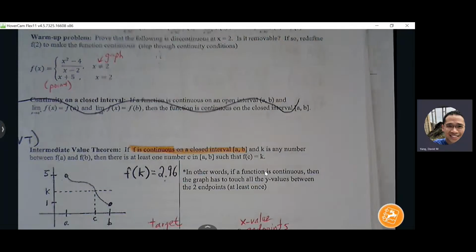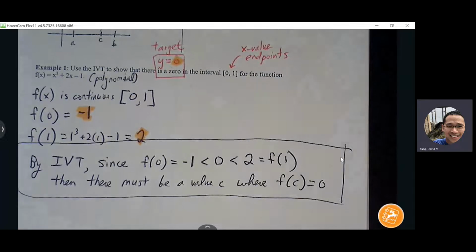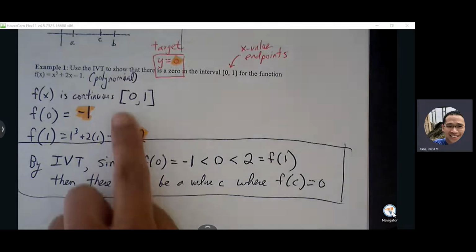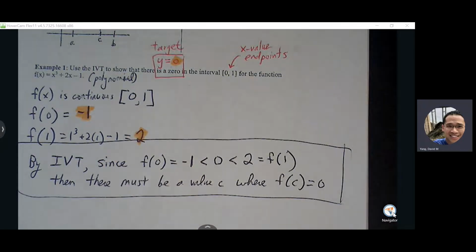Okay. And then we also talked about the intermediate value theorem. The whole purpose of the intermediate value theorem is, if we didn't have the graph in front of us, what is needed for us to guarantee that a function hits a particular y value? If we want to narrow it down to the most minimal information that I need to guarantee that y value, then I need 3 things. I need to know that the function is connected all the way through in that interval.